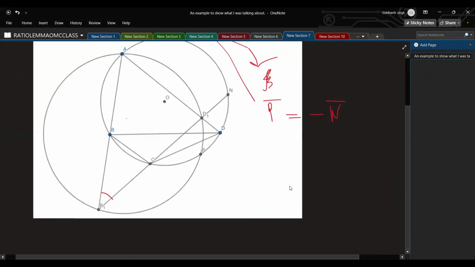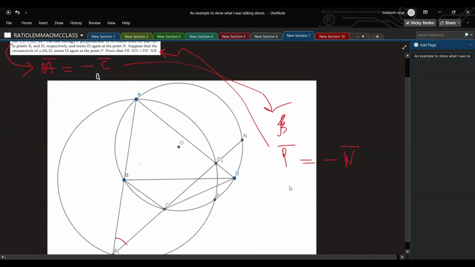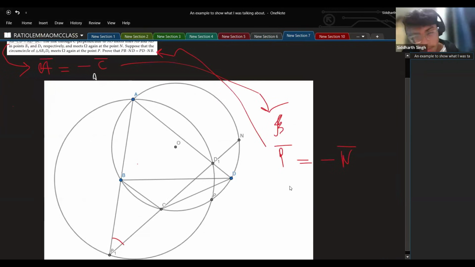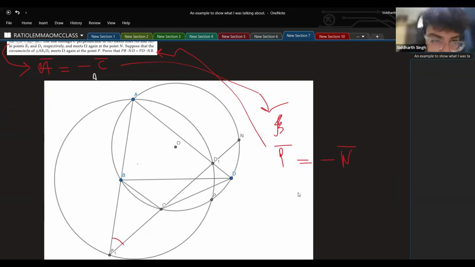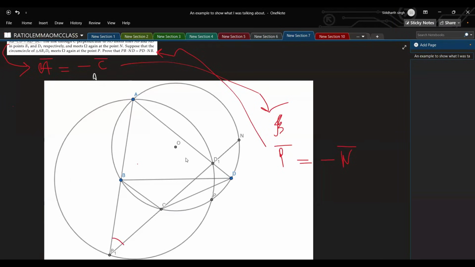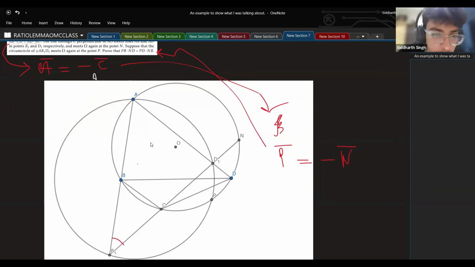I have a feeling, I don't know if it's right, but is O the orthocenter of AB1D1? I don't know, it looks like B1, but I haven't proved it yet. Nice, that's actually a decent insight. That might be true, but I don't think that's really true. It might be worth proving, because D1, I don't think that looks perpendicular. But yeah, nice claim.